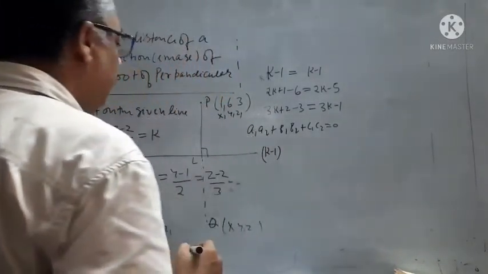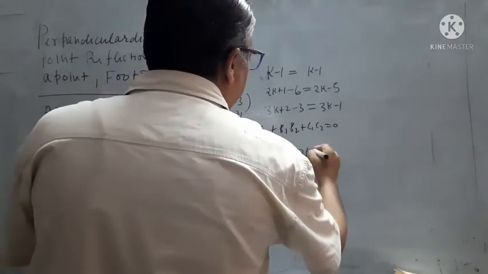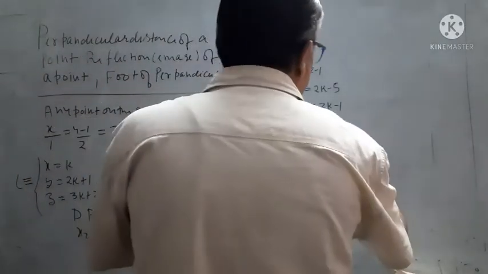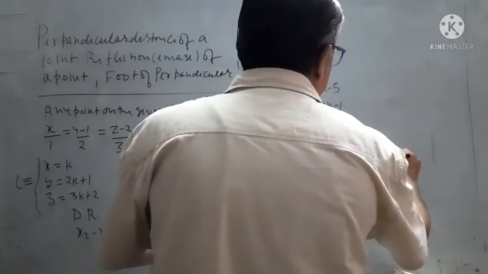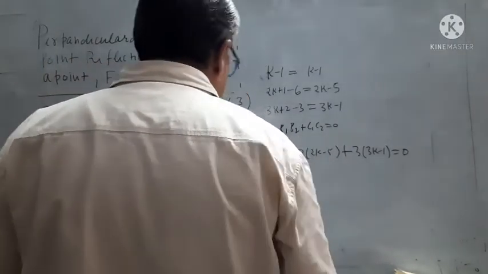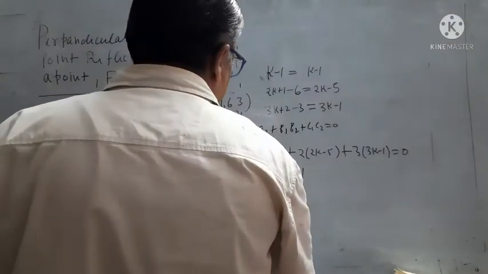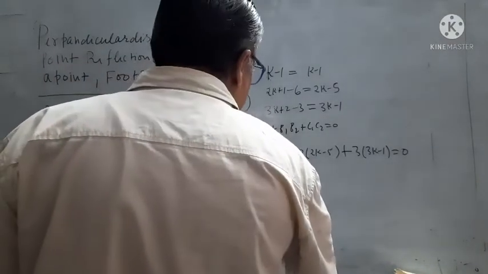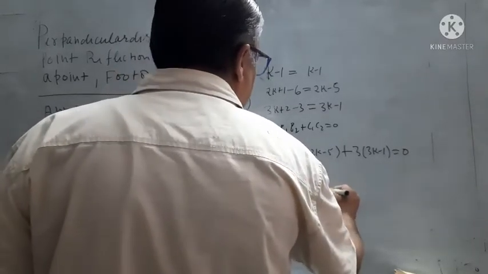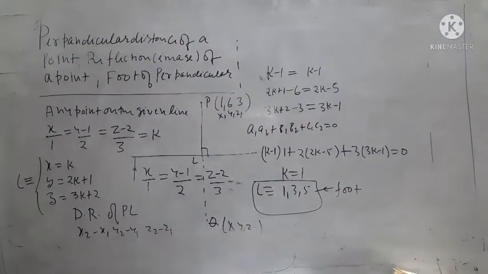So, (k minus 1) into 1 plus 2 times (2k minus 5) plus 3 times (3k minus 1) equal to 0. Solving this, we get k equal to 1. Putting this value here, we get the coordinate of L as (1, 3, 5), and this is the foot of the perpendicular.